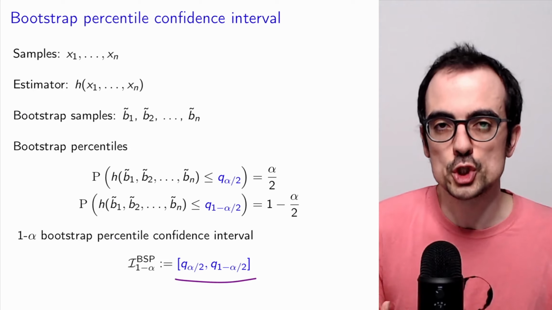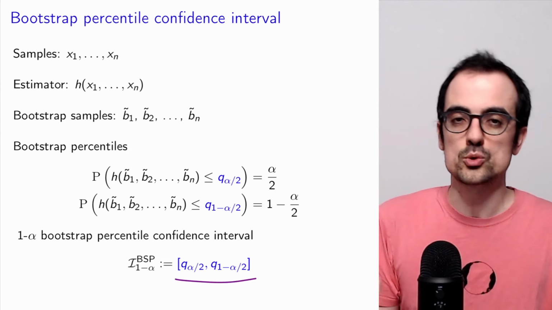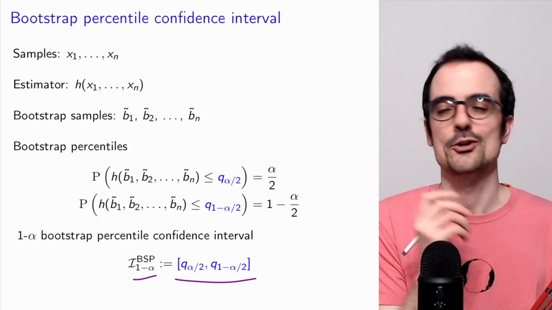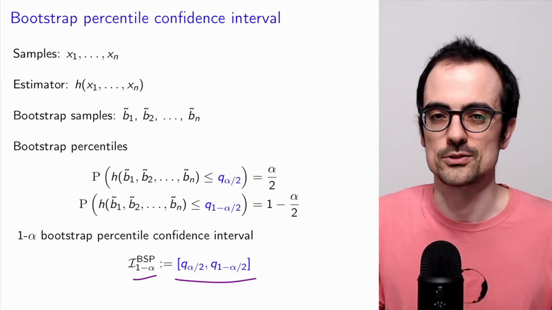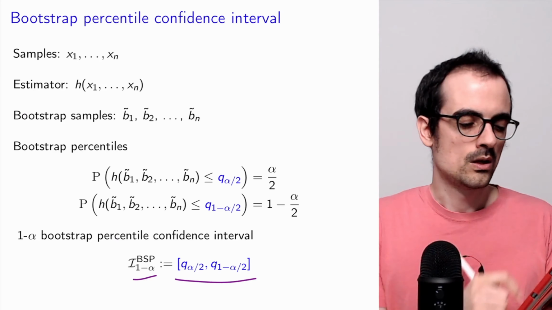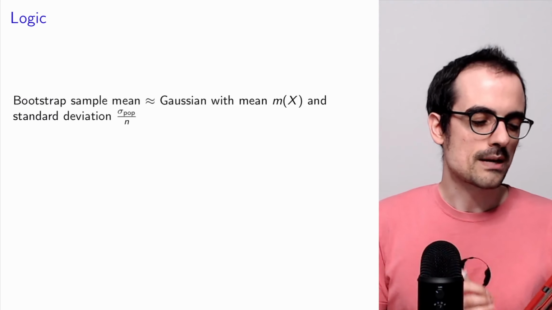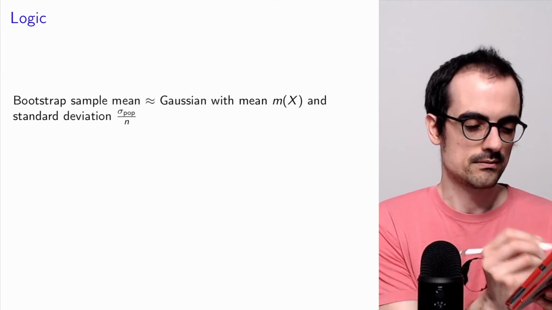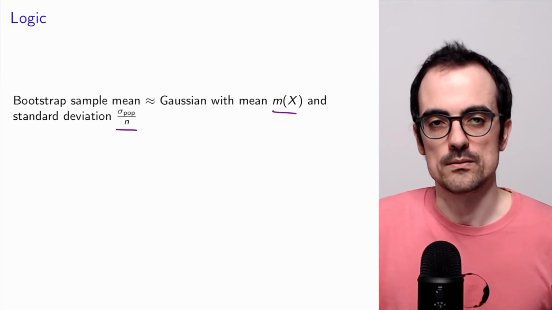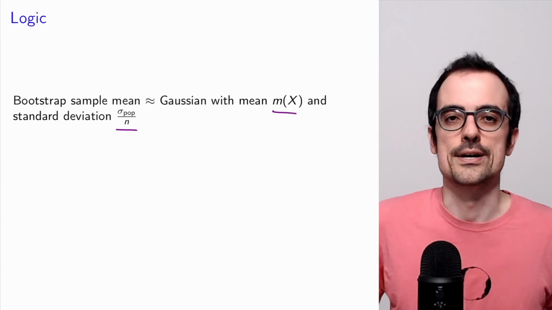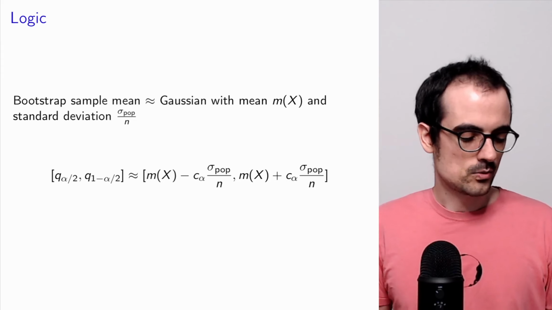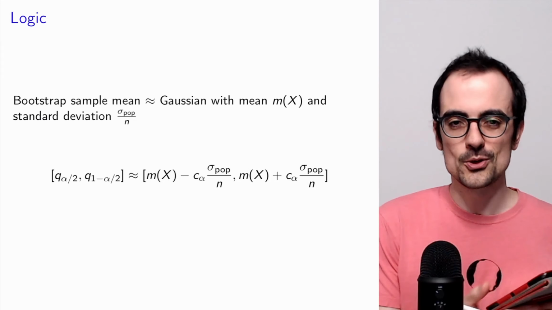We still need to show that the population mean is going to belong to that interval with probability 0.95, with probability 1 minus alpha. I said 0.95 because we always set 1 minus alpha to be 0.95. Why is that the case? Well, if the bootstrap sample mean is Gaussian with mean equal to the sample mean and standard deviation approximately equal to the population standard deviation divided by the square root of n, then we obtain an interval which should look quite familiar.